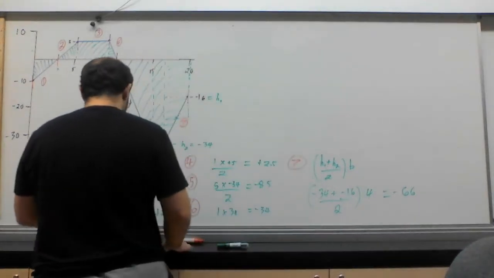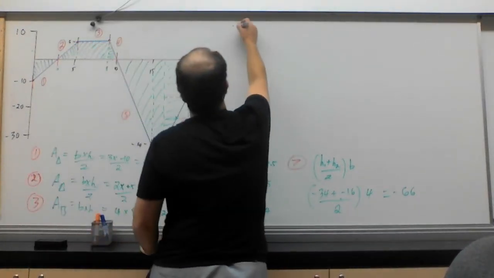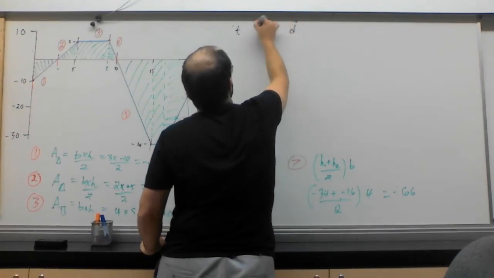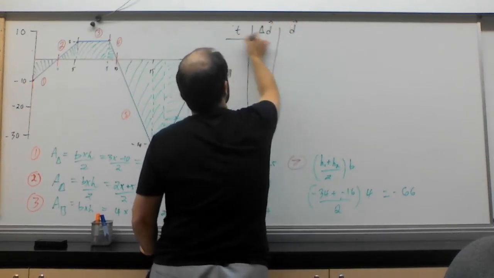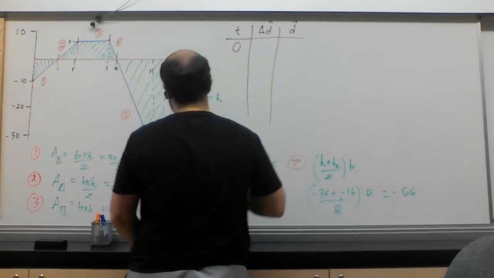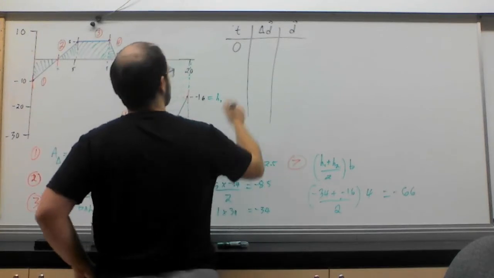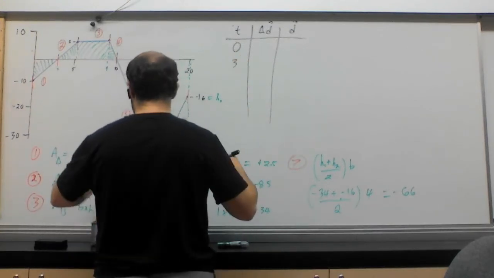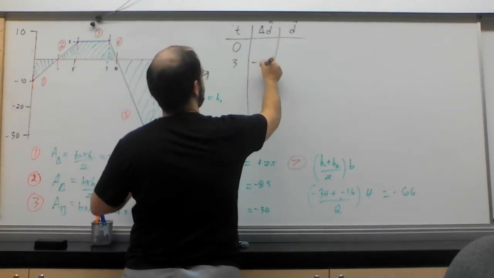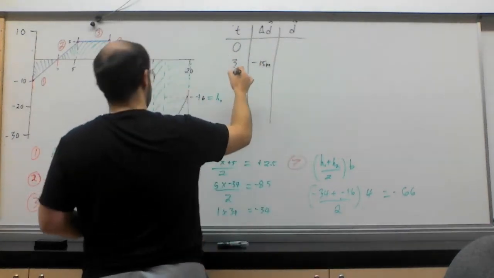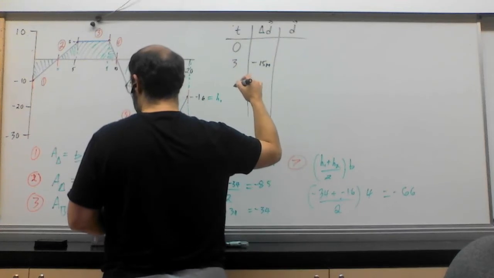Well, what we have to do is make ourselves a table. We've got time, we're going to have delta D, and we're going to have D. So at time equals 0, well, we'll leave that one for now. But at time equals 3, we found that the displacement was negative 15, which means we'll get that later. I want to fill this all in, and then we'll talk about it.